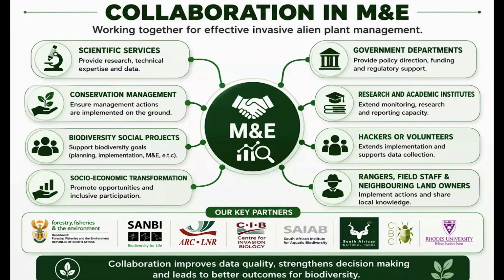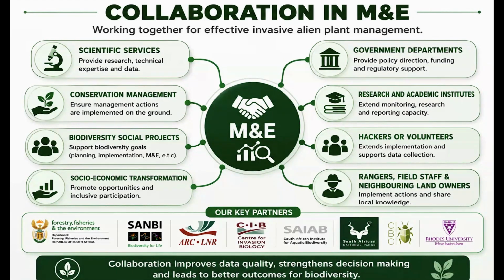So these are different partners. They assist us from an expert point of view, but they also assist in terms of providing biological control agents, and also in terms of analyzing or doing detailed research work that we do not have the capacity to do within SANParks or Kruger, so they're able to bring in those expertise. But even within Kruger itself, we've got different departments.